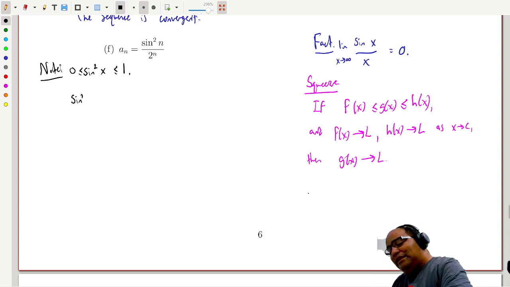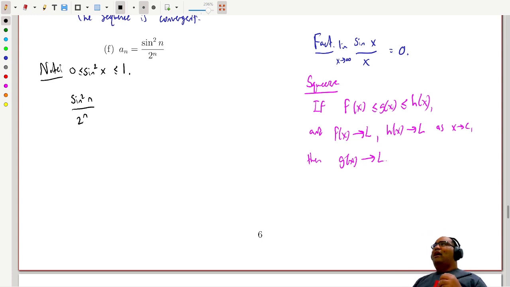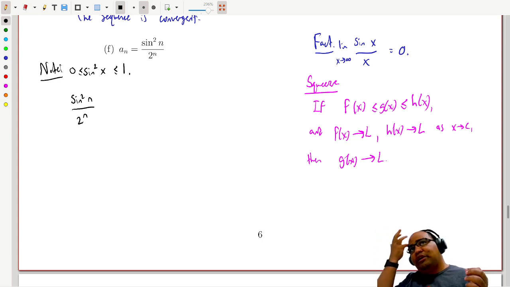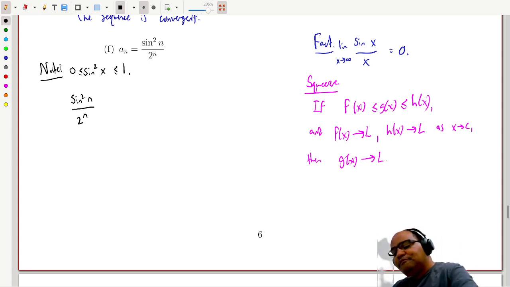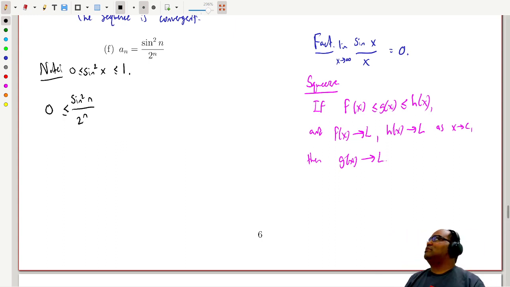We're going to look at sine squared of n over 2 to the n. Now, I know sine squared is positive at the very least, and certainly the denominator is always positive, since 2 to any positive number is positive. I know that that thing is going to be greater than or equal to 0.